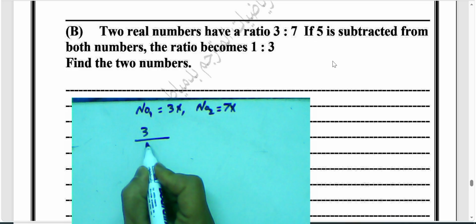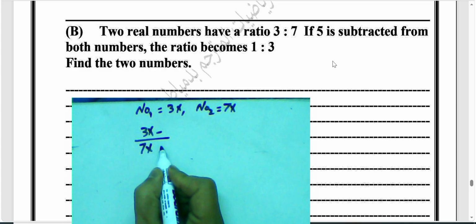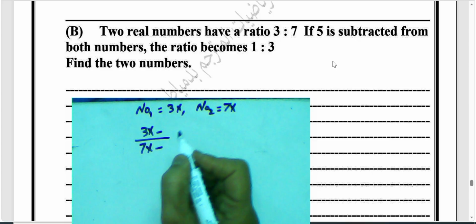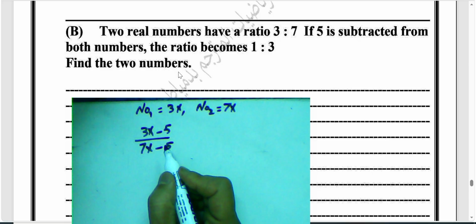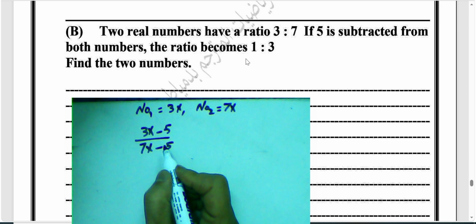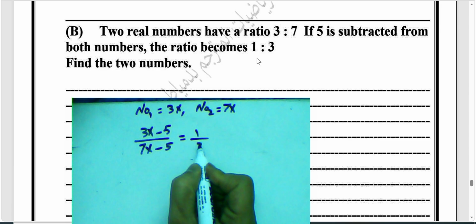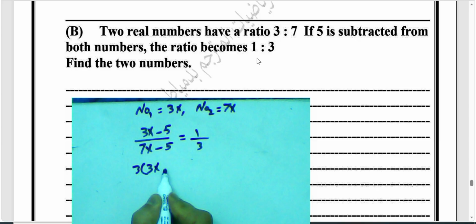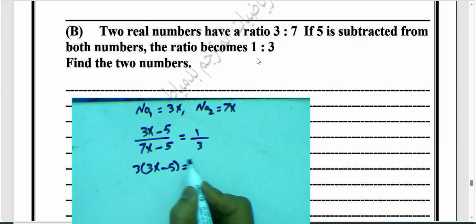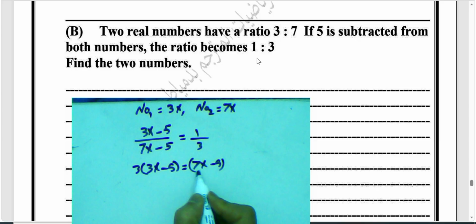If we write 3x over 7x and subtract 5 from numerator and denominator, the ratio becomes 1 over 3. You can multiply 3 times 3x minus 5 equivalent to 1 times 7x minus 5.